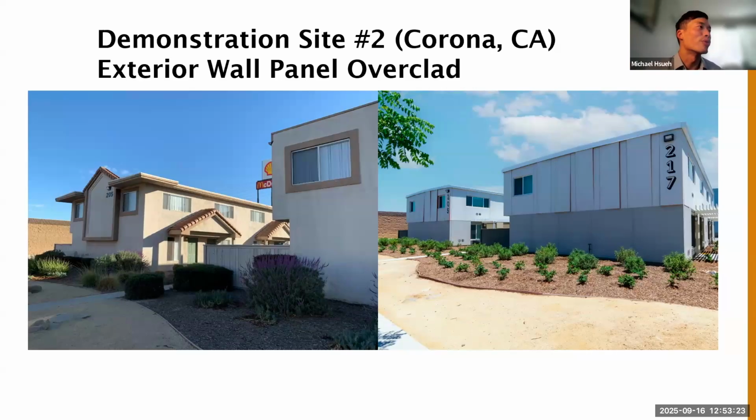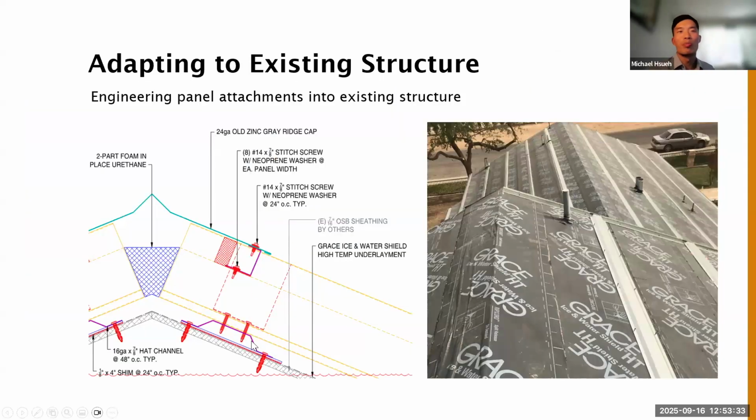For the roof panels, I'm going to pull up that section because it's the relevant one. There is a pretty decent gap here. I don't remember exactly what it was, but it was probably between half an inch and an inch. We had air baffles and sealant where this meets the roof edge, and what we used was reticulated foam.